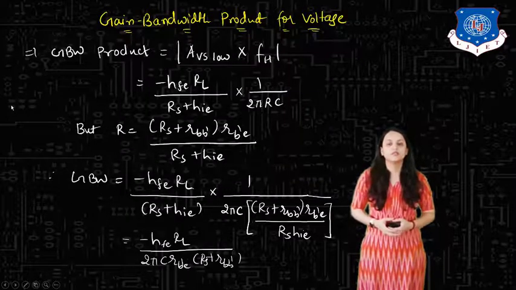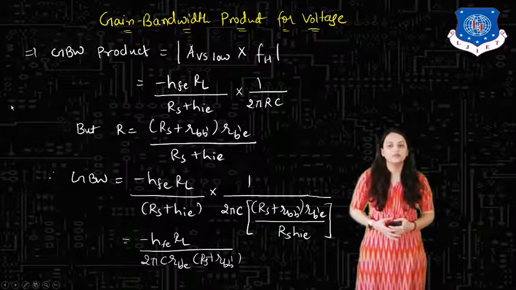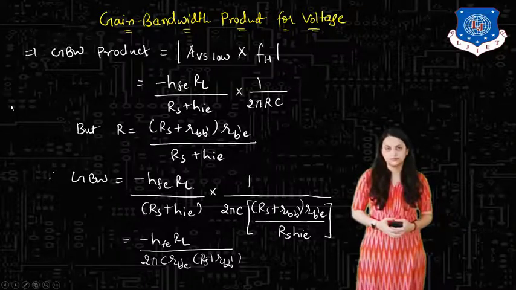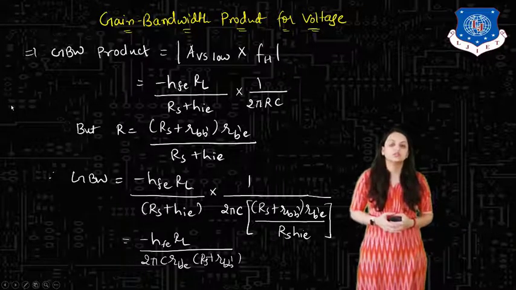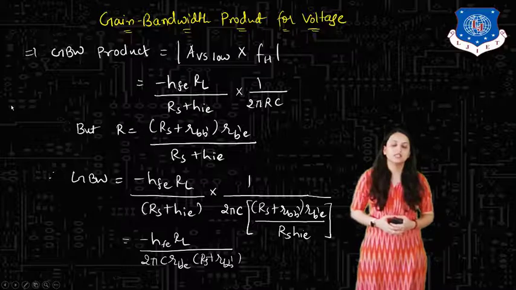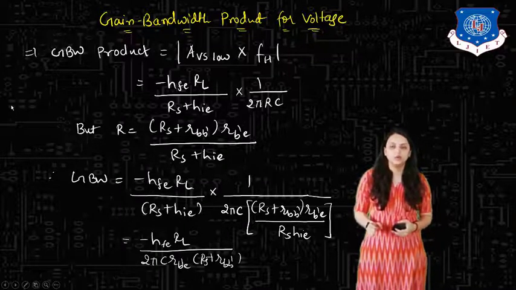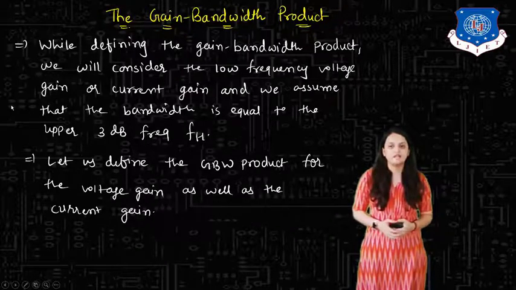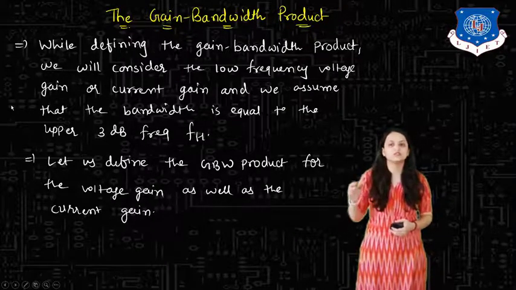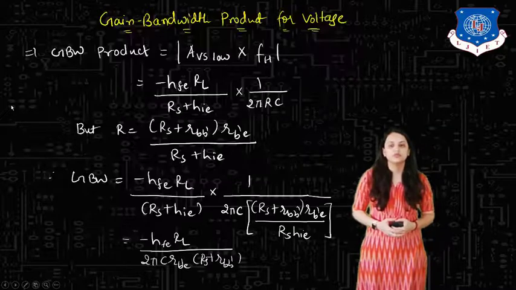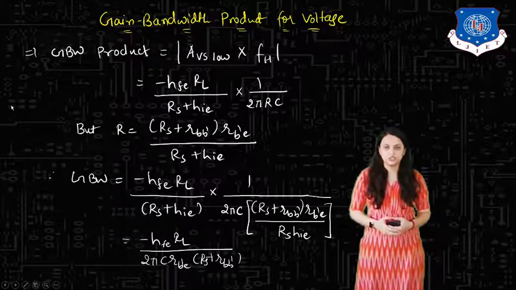First of all, let us see the gain bandwidth product for voltage. The GBW product for voltage is defined as the multiplication of AVS low into FH, because as we have defined, we are going to consider the low frequency voltage. So here AVS low into FH.